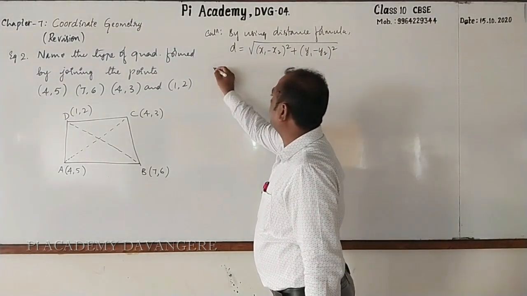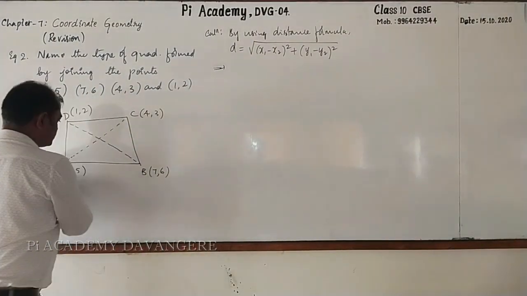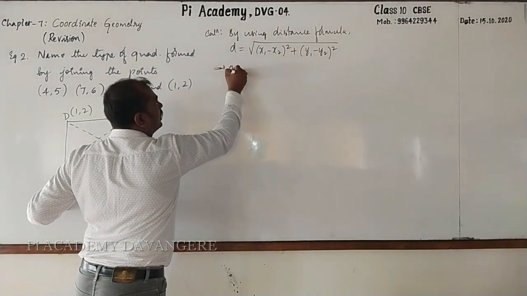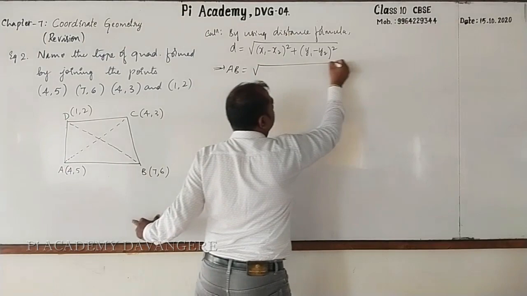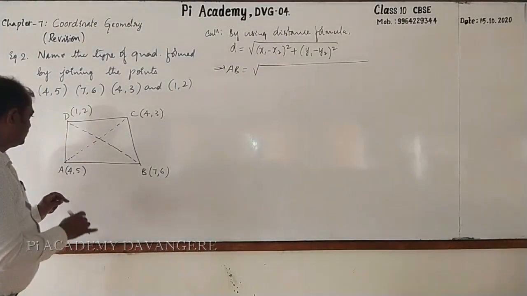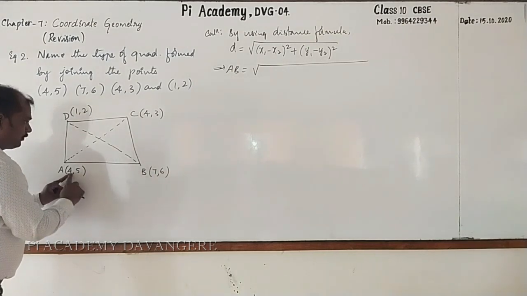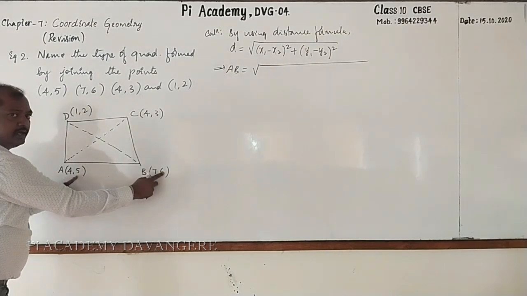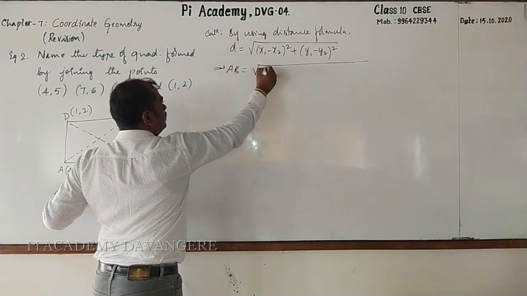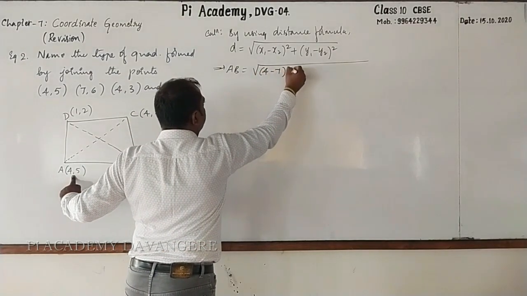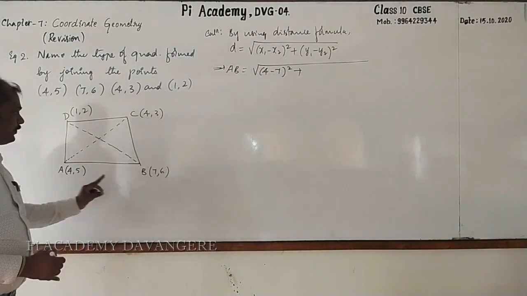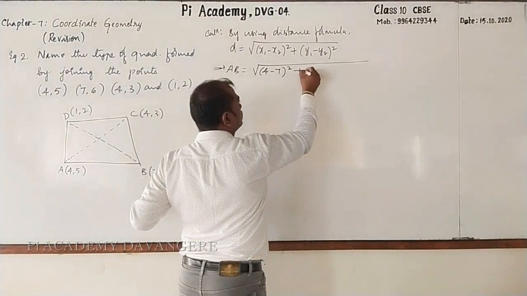Then now let us go for finding one by one. First AB. We are going to find out the distance of 2 points A and B. See that. x1 and x2, y1 and y2. Here 4 and 7, 5 and 6. Here I write 4 minus 7 whole square plus 5 minus 6 whole square.